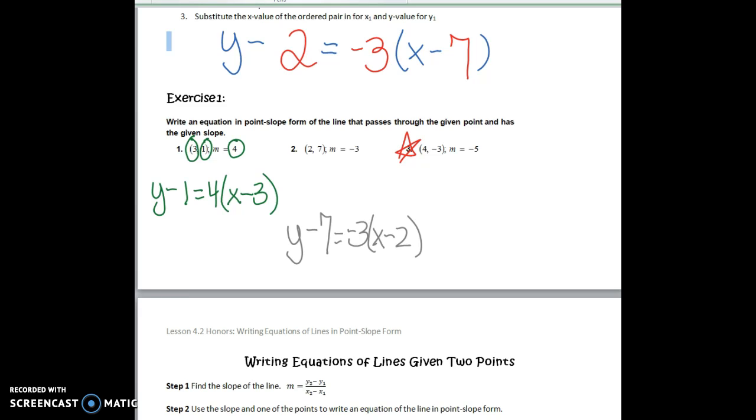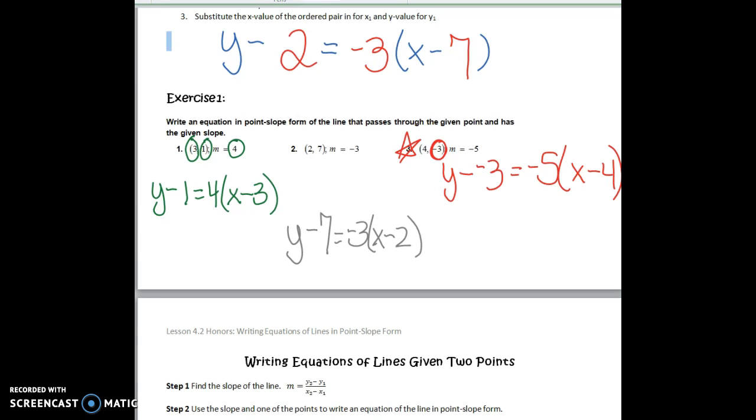What's different with the third one, which I starred, is that your y value is now -3. So what should we do if your y value is -3? It's not going to be y minus -3.